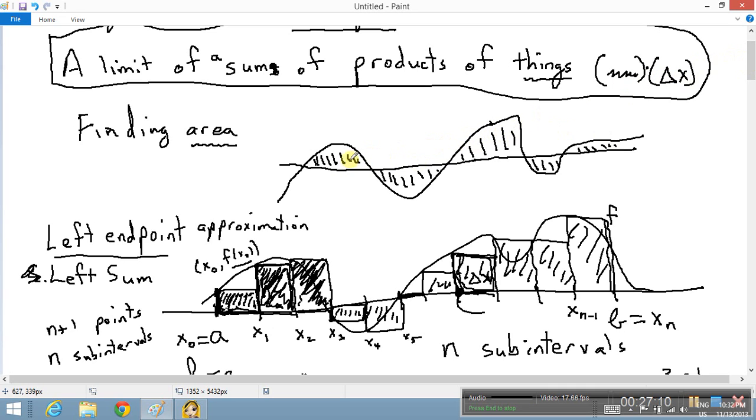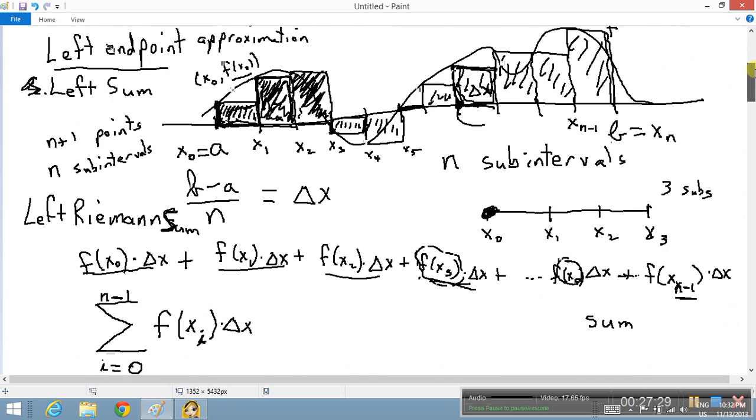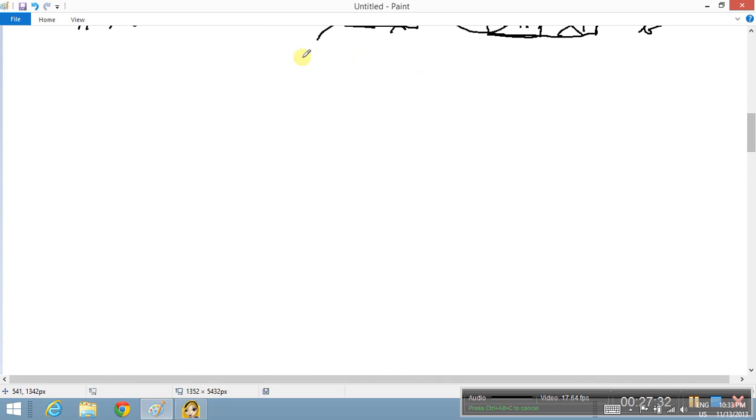So we add up sums of rectangles that are obtained from left endpoints by plugging left endpoints into the function, multiplying those y values by delta x, adding all that stuff up, and that gives us a left endpoint approximation or a left sum. Let's do it again. This time we're going to do it with right endpoints and just check out what the difference would be.